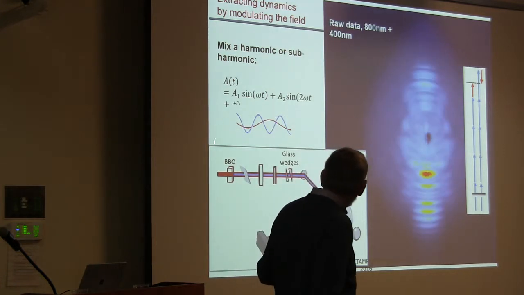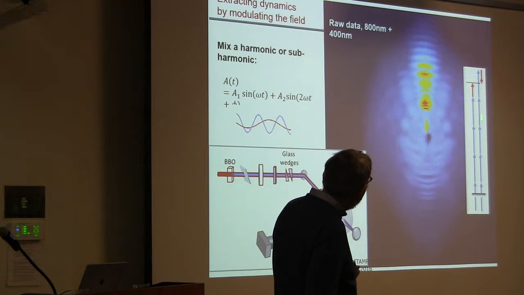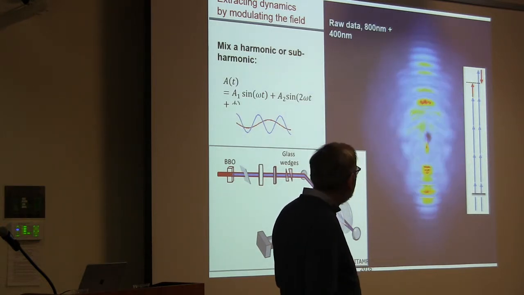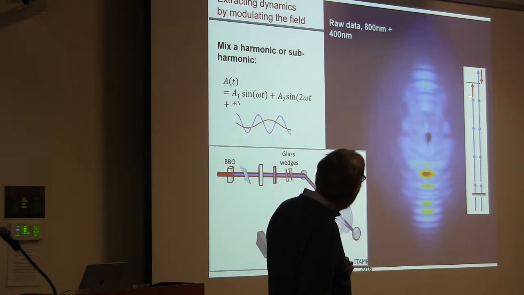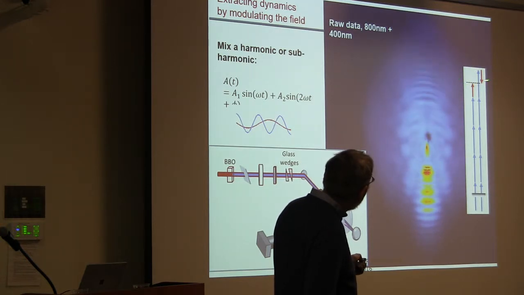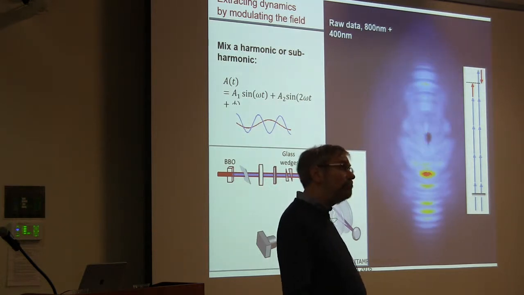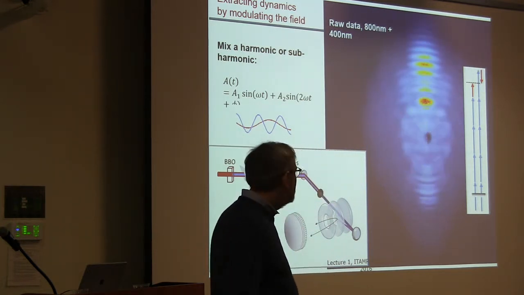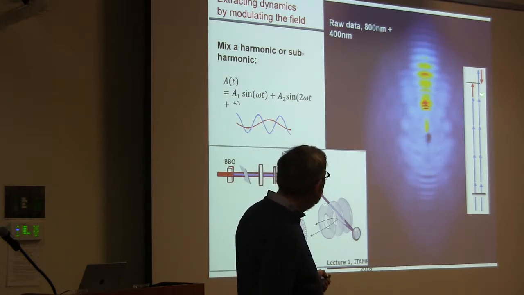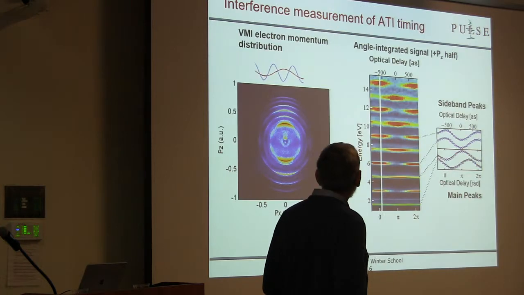If you want to think about this small field as being a little perturber, then on top of all this multiphoton ionization, you have a little single photon at half the frequency that can either promote an electron to higher energy or demote an electron to lower energy, and so you have two-path interference of those two processes. That's a way to kind of motivate your thinking about it. Of course, that's terribly oversimplified. Nonetheless, there's some truth in it.